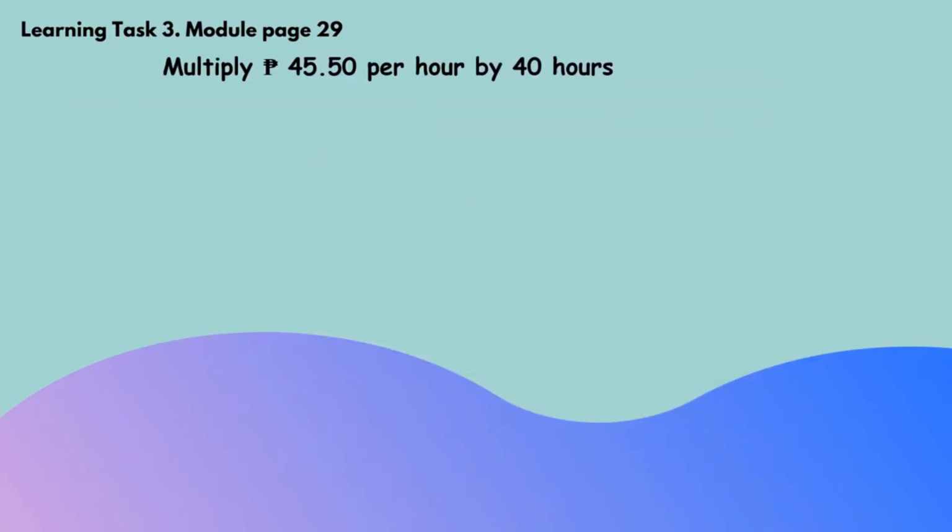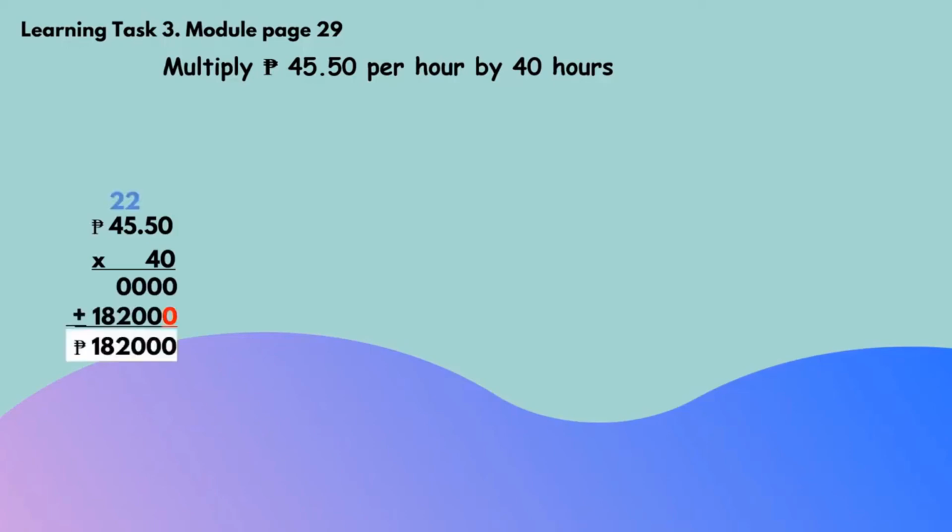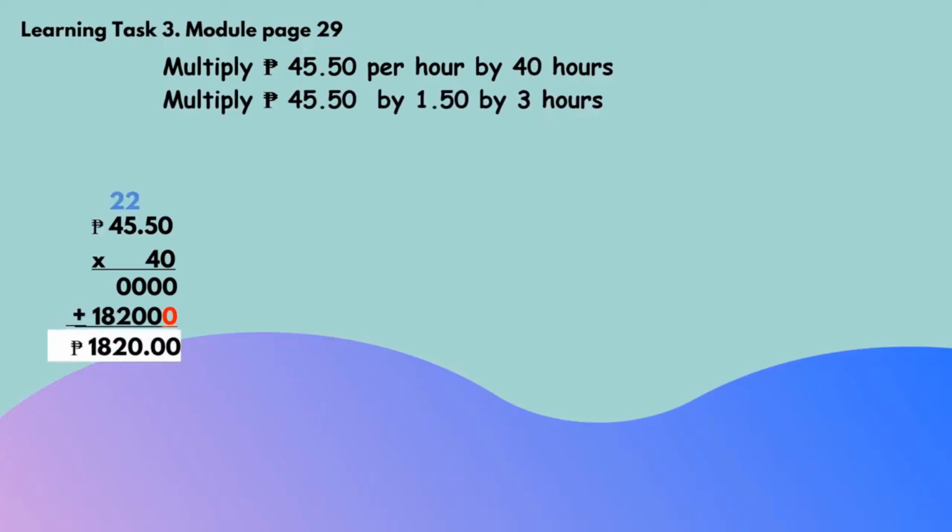First is to multiply 45 pesos and 50 centavos per hour by 40 hours, since the clerk works 40 hours in a week at the rate of 45 pesos and 50 centavos. Next is to multiply the rate per hour of the clerk by 1.50 for the overtime rate by 3 hours, since he worked 3 hours overtime.